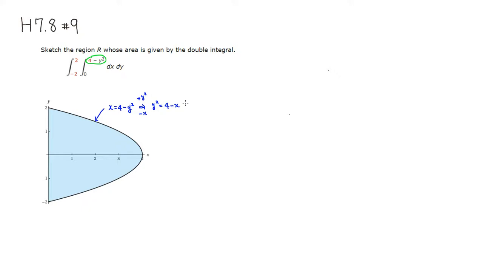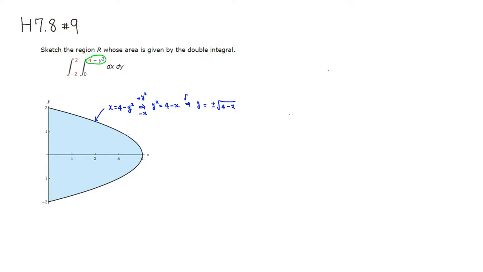If you take the square root of both sides, you get y equal to plus or minus the square root of 4 minus x. So we have to split into two equations.